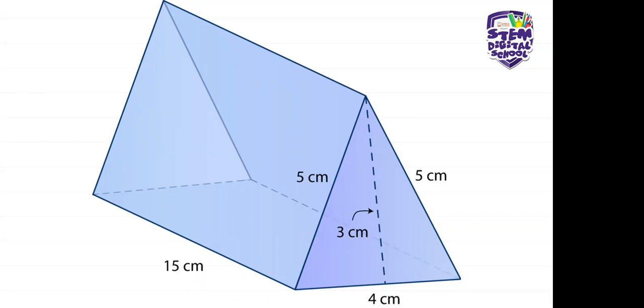Now, Lynn, may I ask you, what did you use? Did you use the formula to calculate the surface area of the entire prism? Or did you calculate the area of every face?